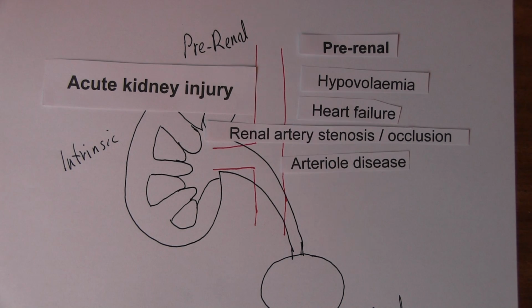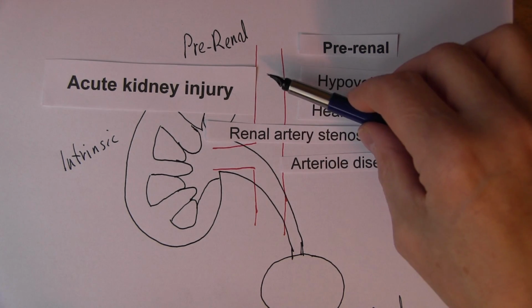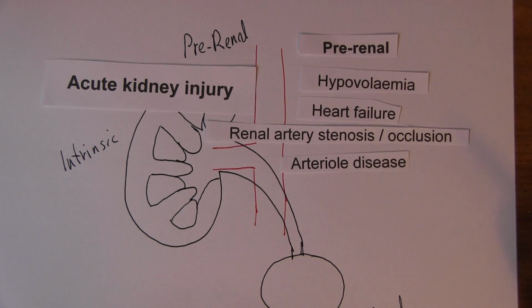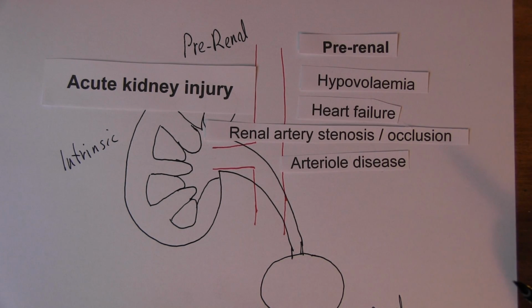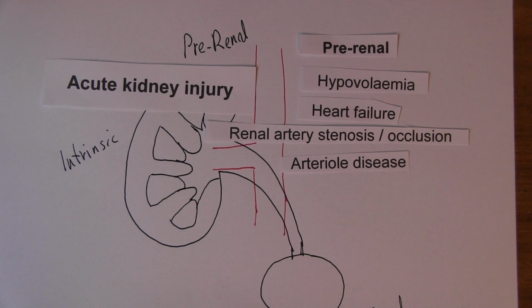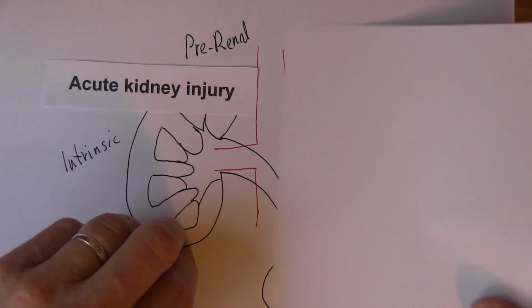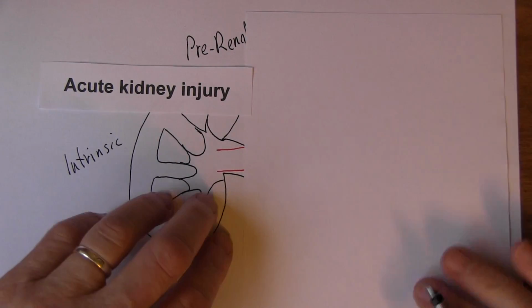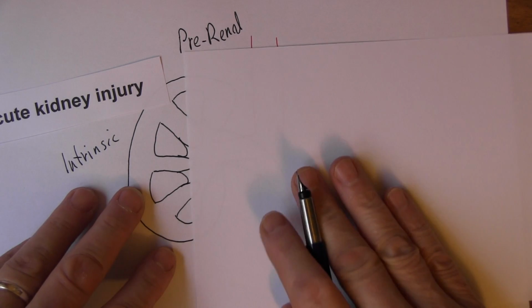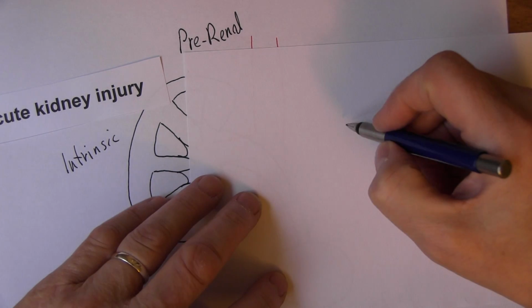Now, what is going on here? Why is hypovolemia such an important risk factor, such an important etiology for acute kidney injury? Well, as you probably remember, we have a glomerulus here.